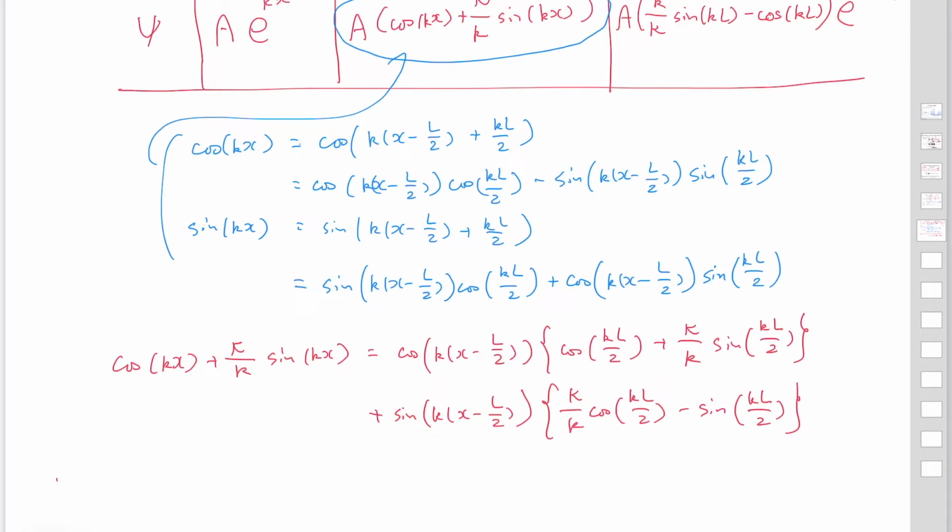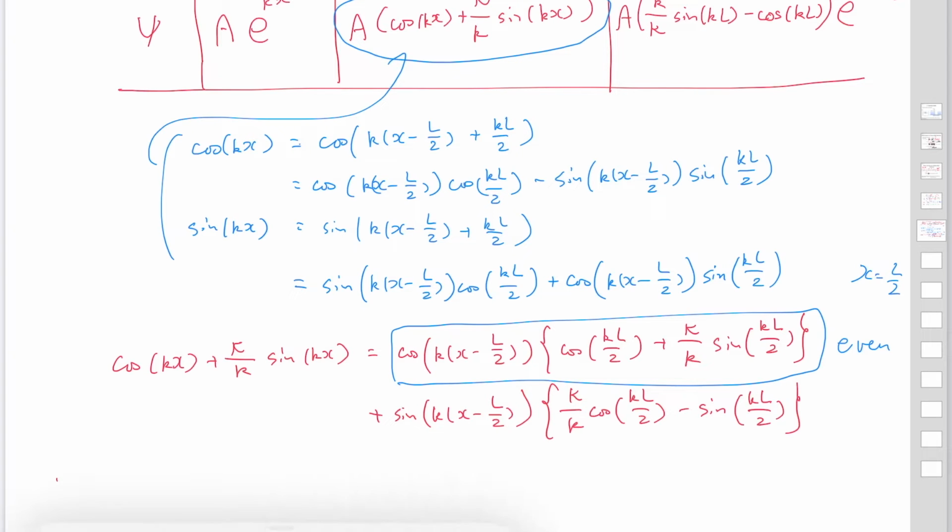So you can express these functions. The first term is a cosine, which is an even function with respect to x equal L over 2. And the sine function is an odd function.